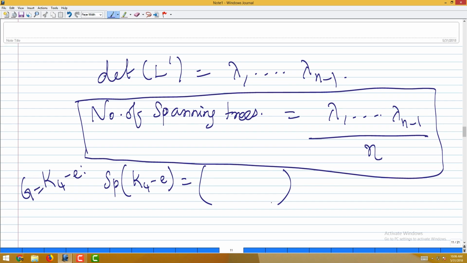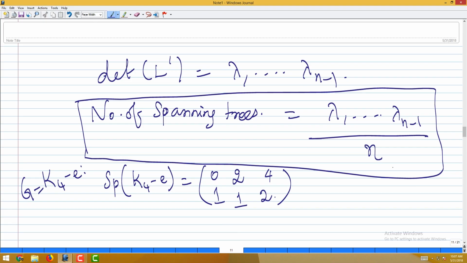If I remove p edges at a time, then we had in general 0, 1, and we had n minus 2 occurring p times, and n occurring the remaining number of times, n minus p minus 1, if we had taken p edges, right. So, now we are only removing one edge from K4, right. So, since n equal to 4, this value boils down to 2, which appears once, and this will be 4, which is going to be 4 minus 2, right, 4 minus 1 minus 1, which is 2, right. So, the spectrum of K4 minus e is this.